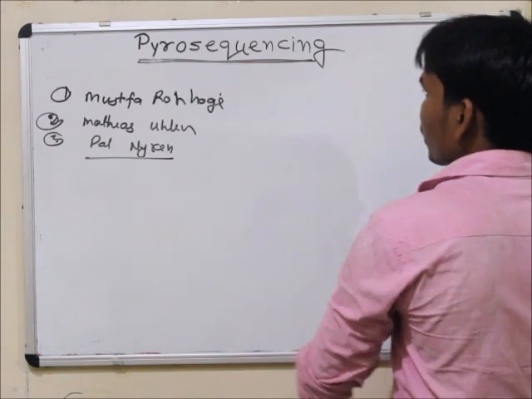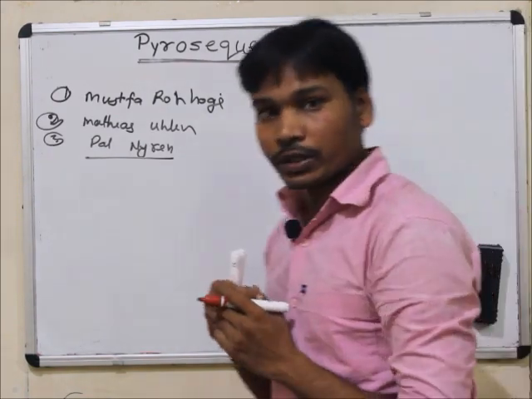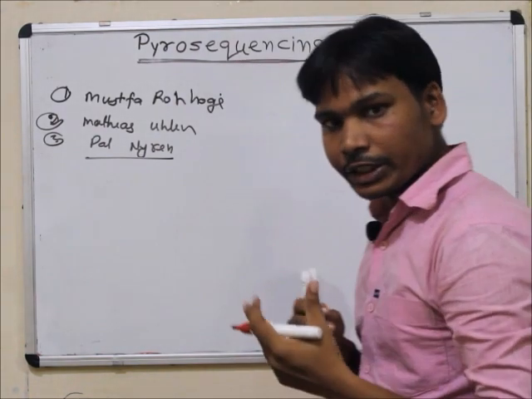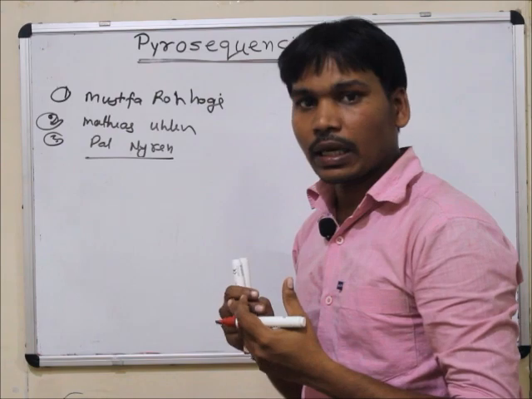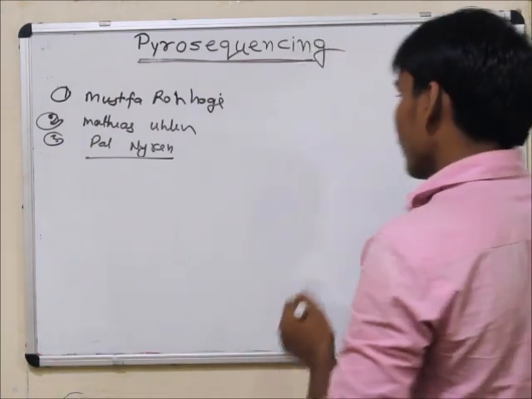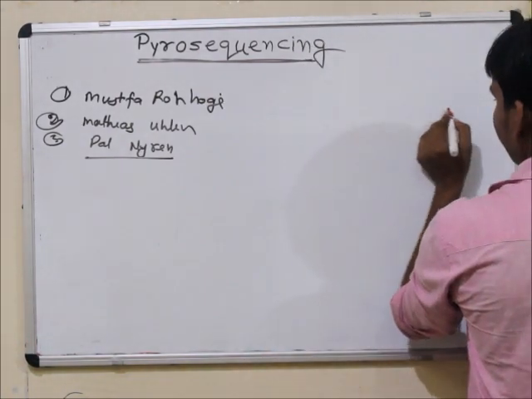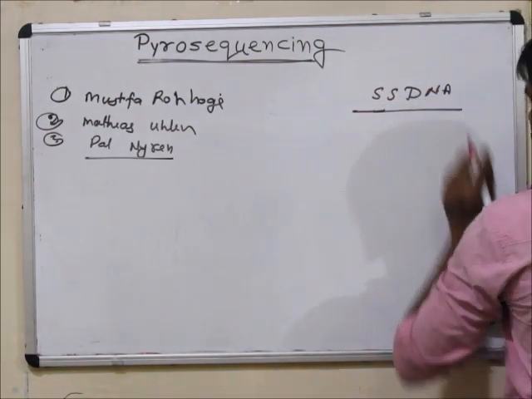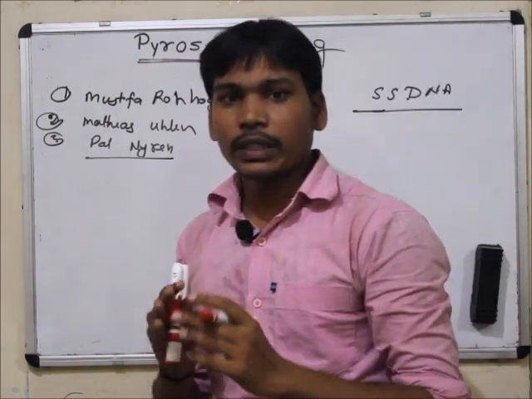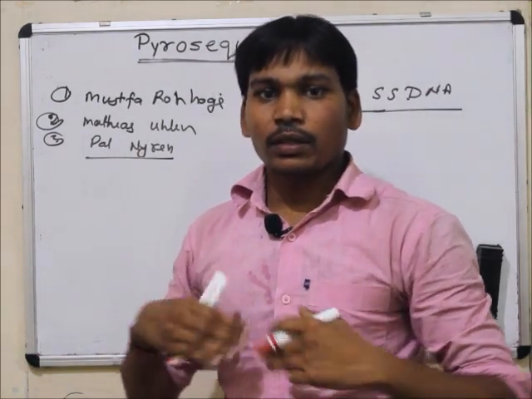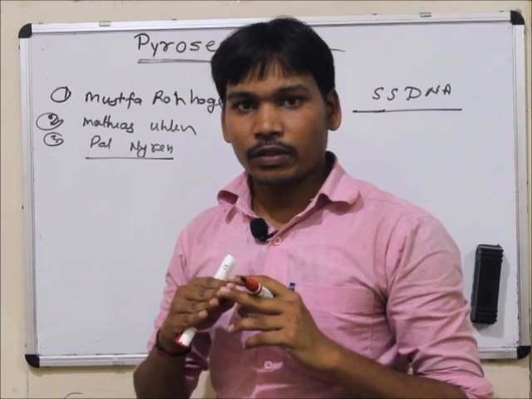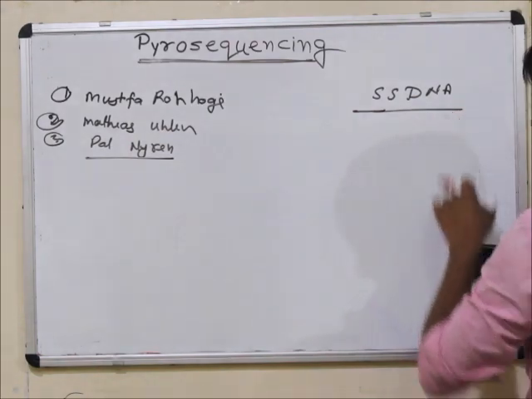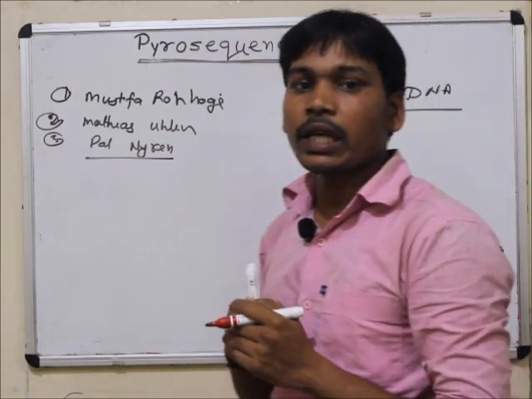So how is this pyrosequencing reaction done? You know that for pyrosequencing, or any sequencing, either Maxam-Gilbert or the Sanger method, the first desirable thing is single stranded DNA. But the DNA in the human genome or any other organism is very large, so restriction digestion is required.